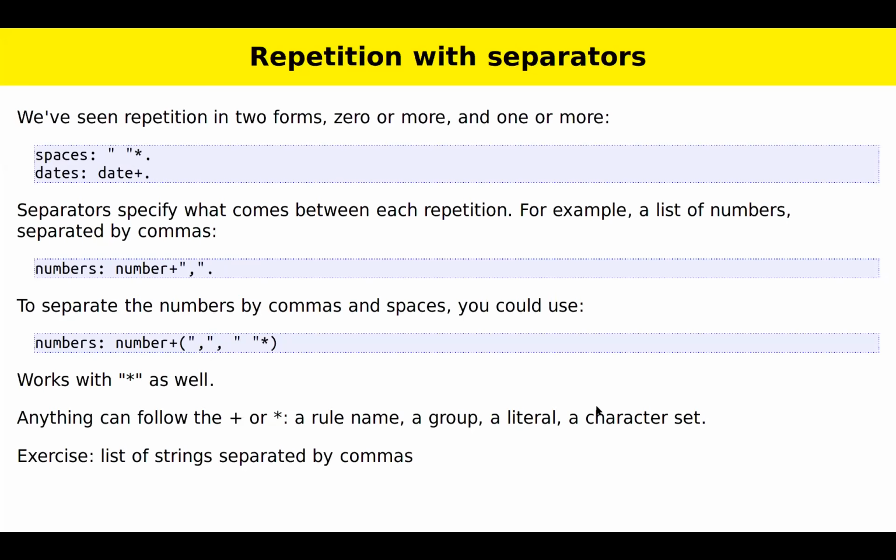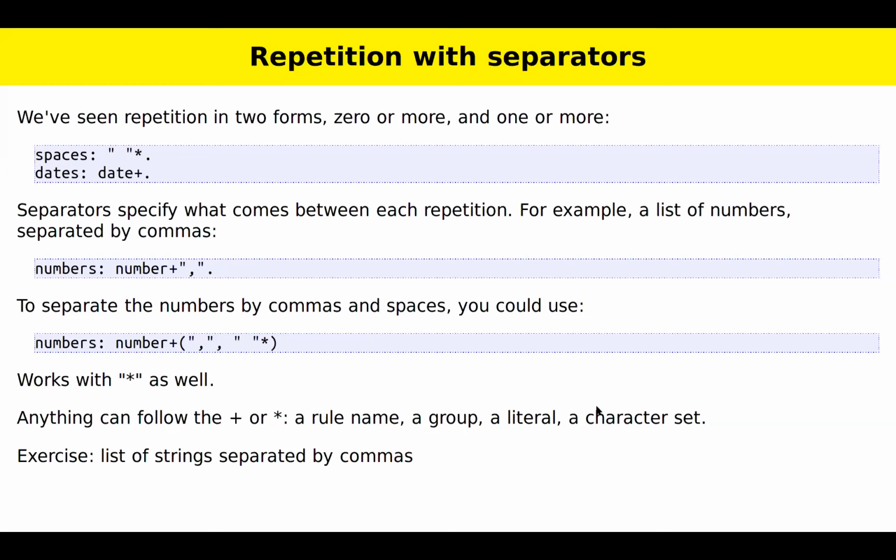So I'm going to move on to repetition with separators. So we've already seen repetition in 2 forms: 0 or more, such as spaces can be a space star, or dates can be date plus, which requires at least 1 date. Separators allow you to specify what comes between each repetition. For example, a list of numbers separated by commas, you'd say number plus and then the string comma. If you wanted to separate the numbers by commas and spaces, you use grouping.